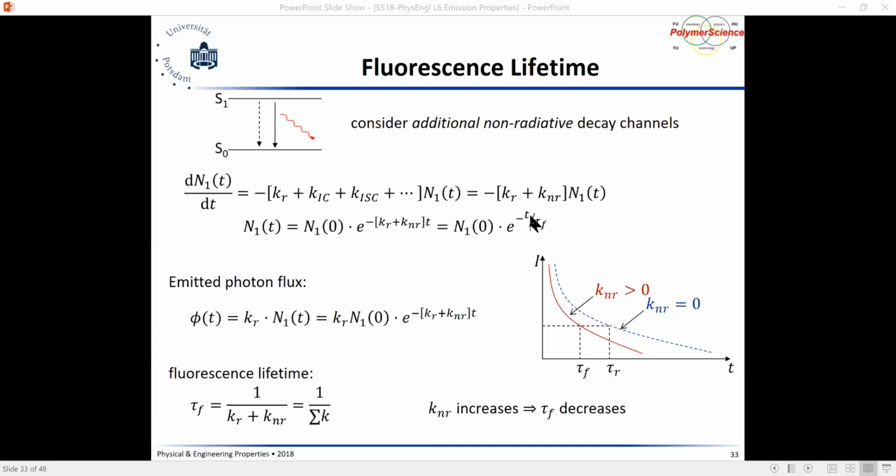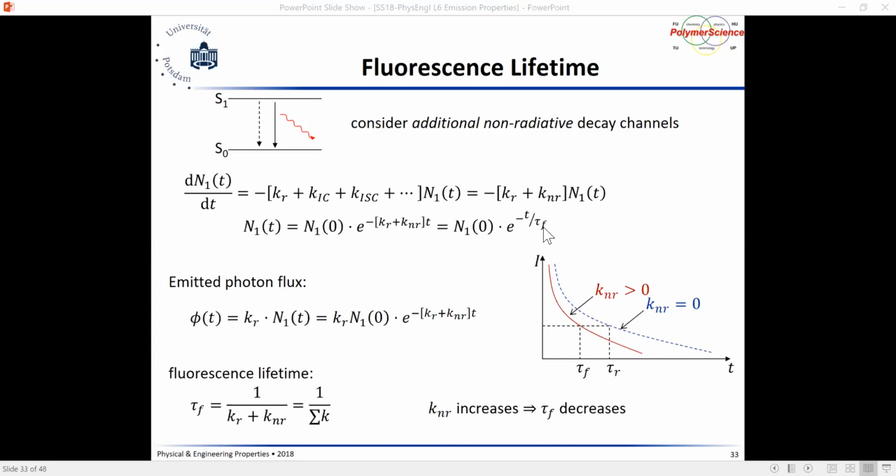So now you have the number of carriers at time t equals your initial number of carriers in the S1 state times the exponential term raised to the power of minus the time at any one instant that we're monitoring the system over the entire lifetime of the excited state. So we call that TF.